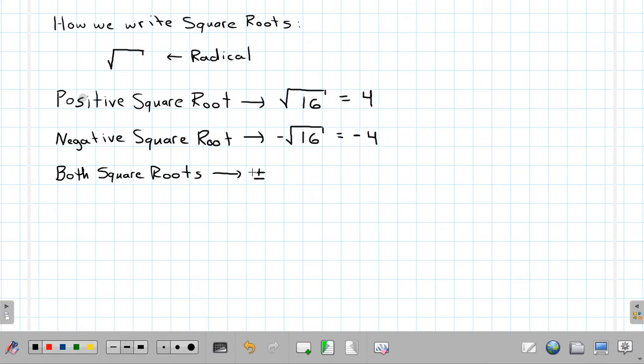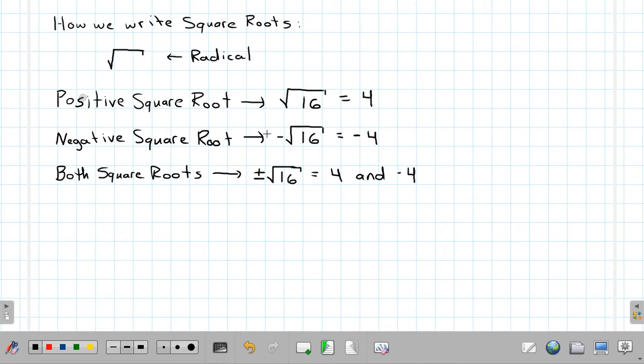It's basically like a plus sign over a negative sign, then the square root of 16. If you have something written like this, you need both the positive and the negative square roots of 16. So that would be 4 and negative 4.